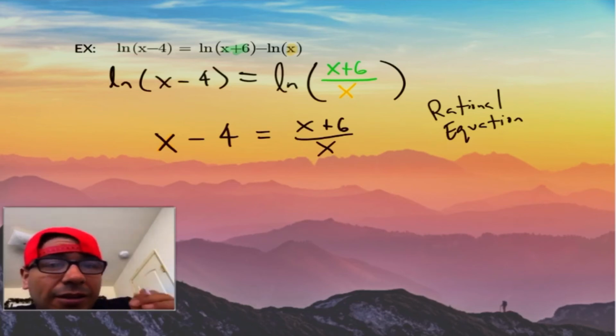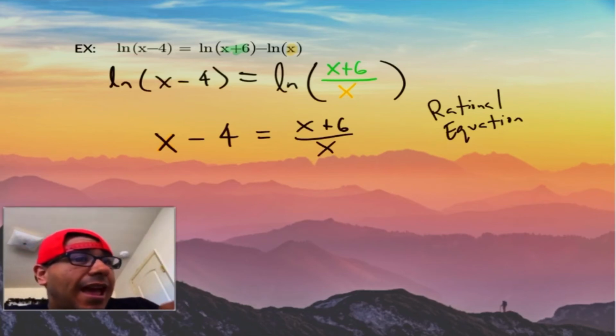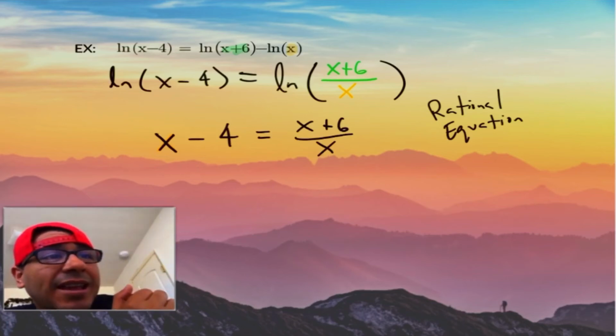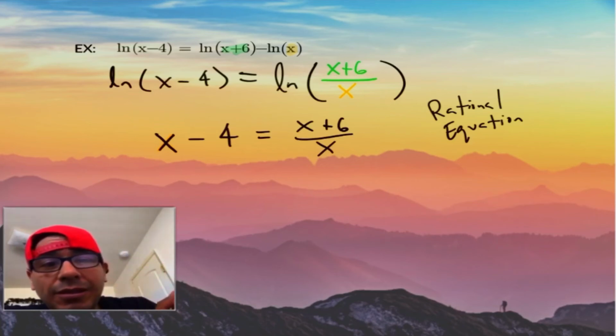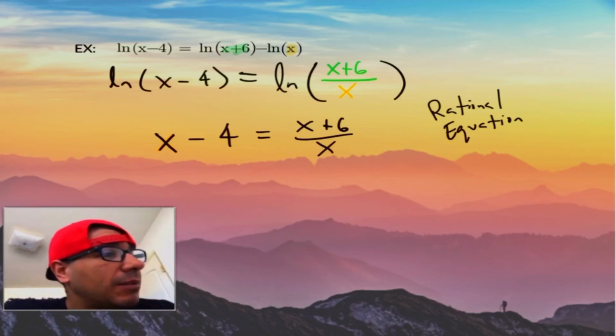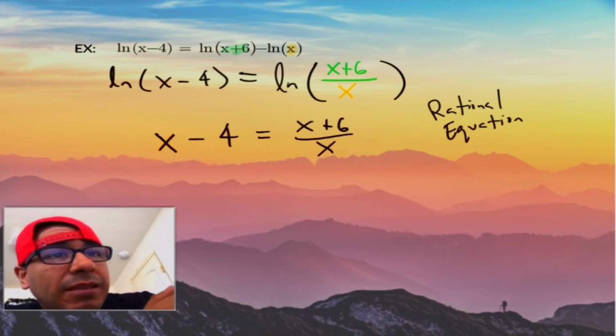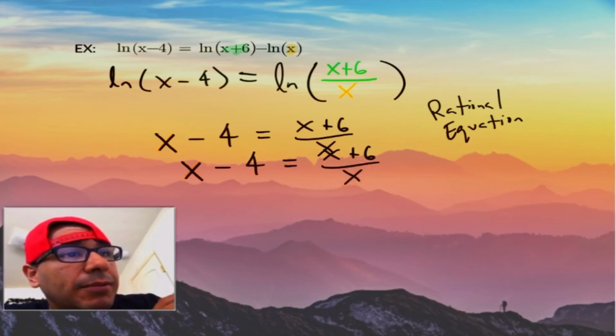And one way to solve rational equations here is I could find the LCD, which is x, and I'm going to blast every single one of these terms by the LCD to get rid of that fraction. So let's do that. Let me copy this.